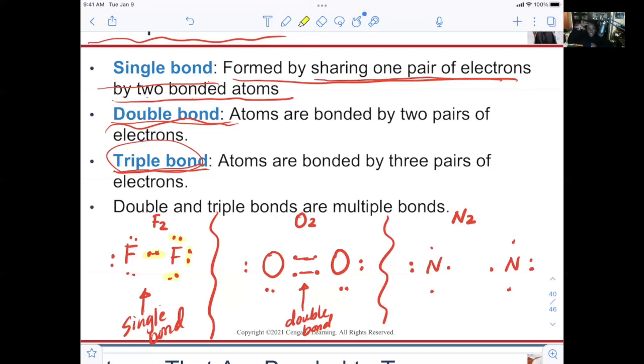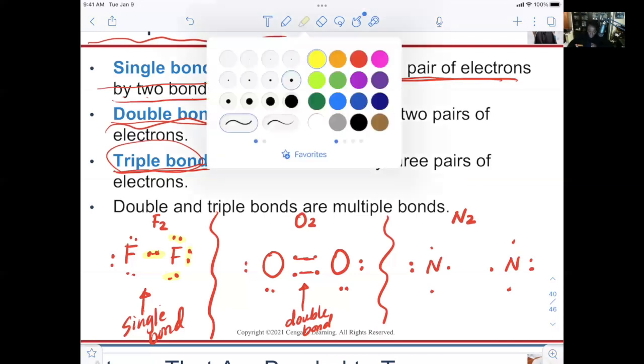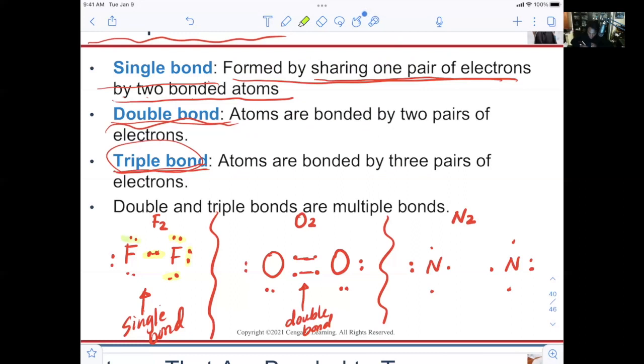I'm going to use a different color to illustrate the other fluorine, the green color. 1, 2, 3 times 2, that's 6, and then this. So essentially, the electrons in the middle are owned by both fluorines on either side because they're shared electrons. Each fluorine has equal custody of those shared electrons.